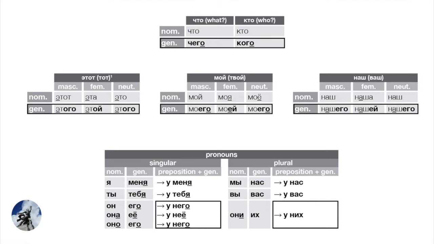Моего, моей, моего. And remember, finally, наш and ваш both work exactly the same. So we get нашего, нашей, нашего. Right there, you see that because of the 5-letter spelling rule, we can't have an о or ё in this ending.